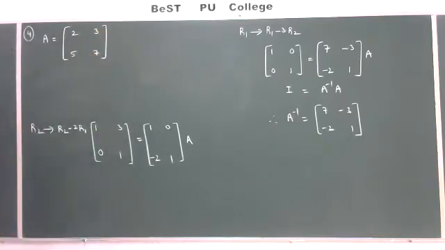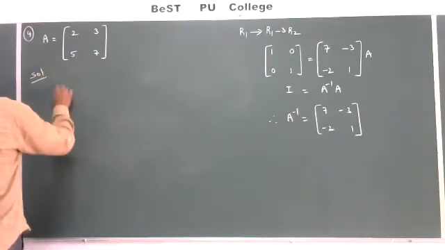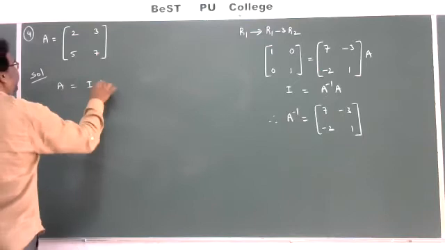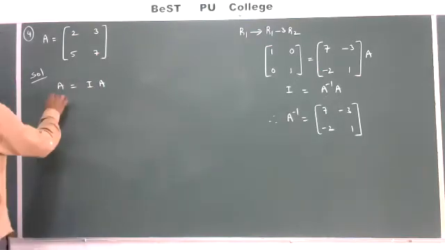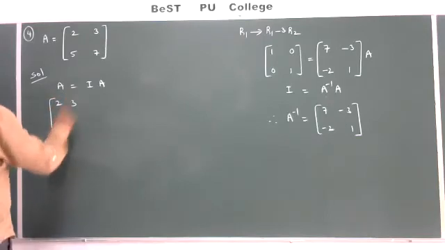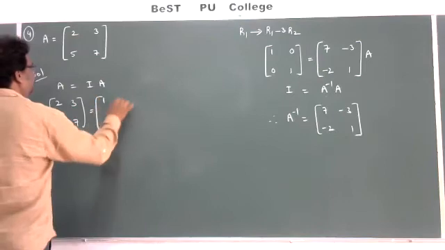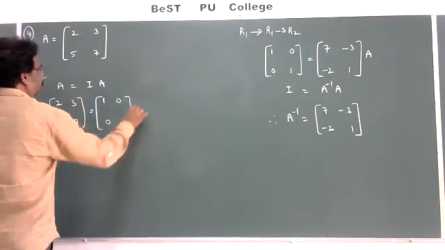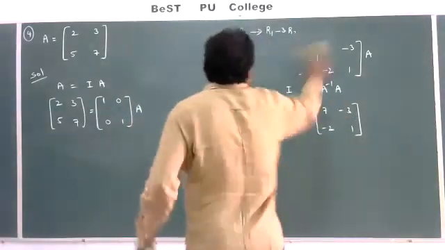Solution: A is equal to IA. So A is given here, 2, 3, 5, 7, is equal to I, which is 1, 0, 0, 1, into A. Let us do the same process.